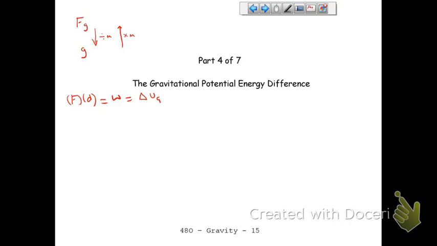Oh, well, if this is FG times D, that is equal to work, which equals delta UG. Gravitation, I'm saying the same thing again, but this is using the force.